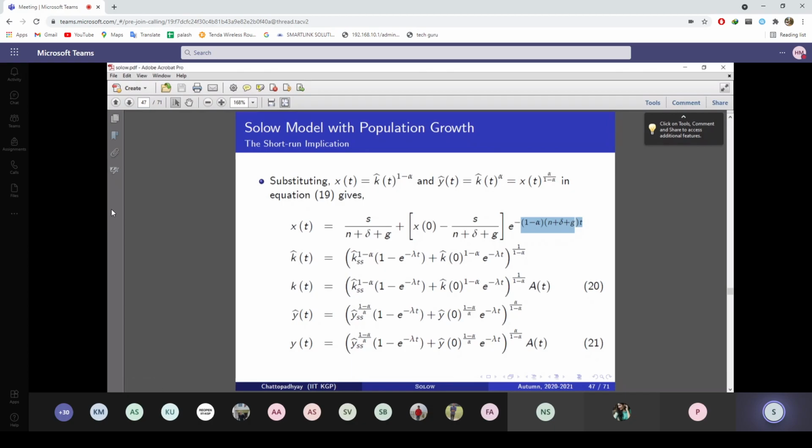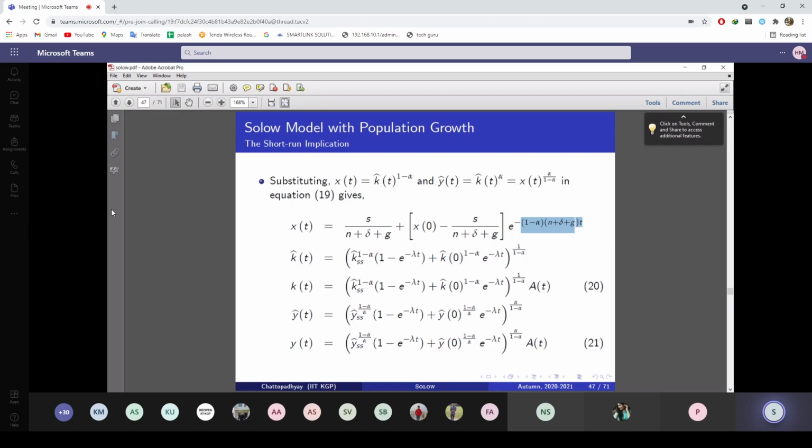You see, you can get K1, K2, K3, K4 and so on from equation number 12. Similarly, you get Y1, Y2, Y3, Y4 and so on from equation number 21. Similarly, your output is already known, and savings is s times y_t. So you multiply s to both sides of equation number 21, that will give you the time path of per capita savings.